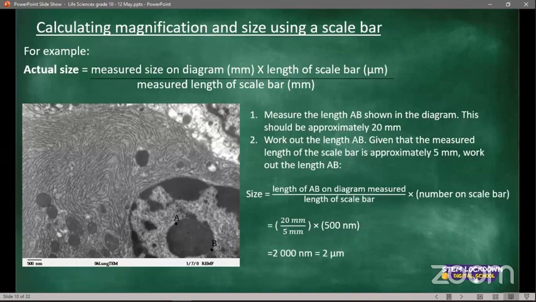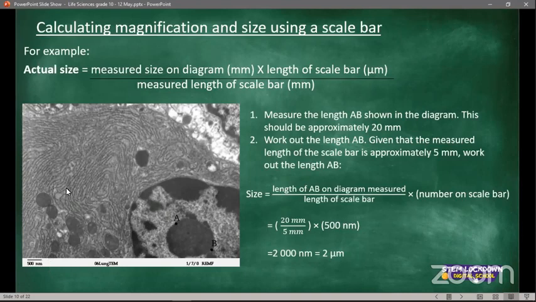So we have 20 millimeters, that is the length of AB, divided by the length that was given to us, 5 millimeters, and you multiply by the number on the scale bar, which is 500 nanometers. This is also given on the diagram.